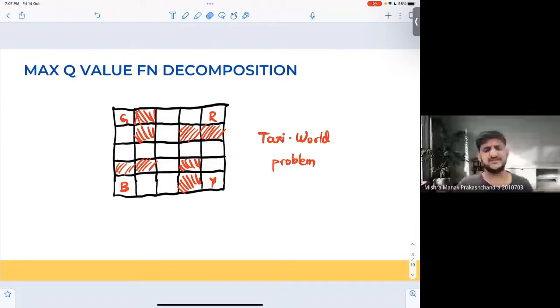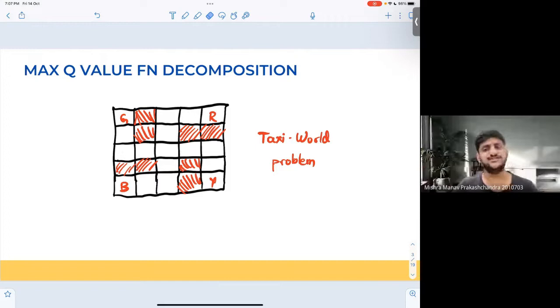Today we'll discuss the third framework in hierarchical RL. It's not the MaxQ framework. The method we'll be looking at today is known as the value function composition method.